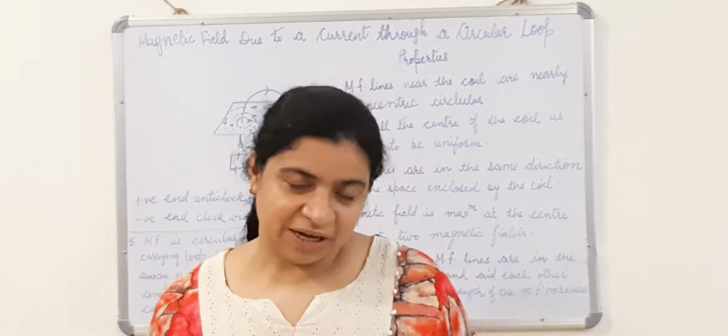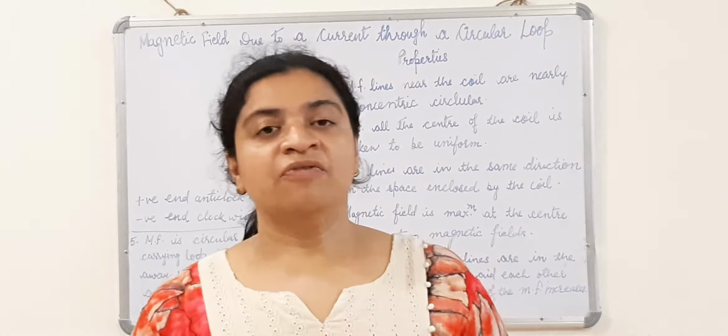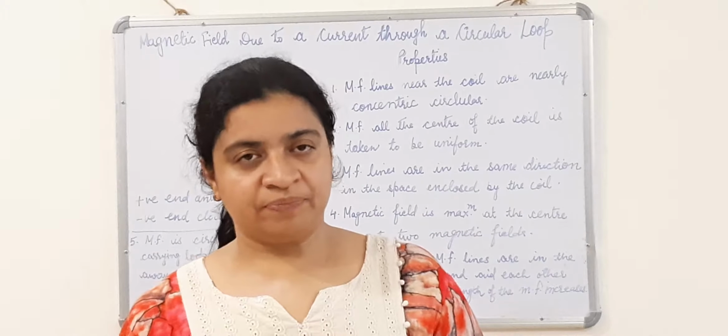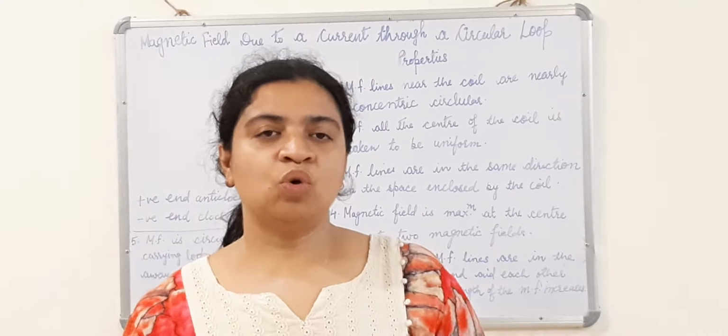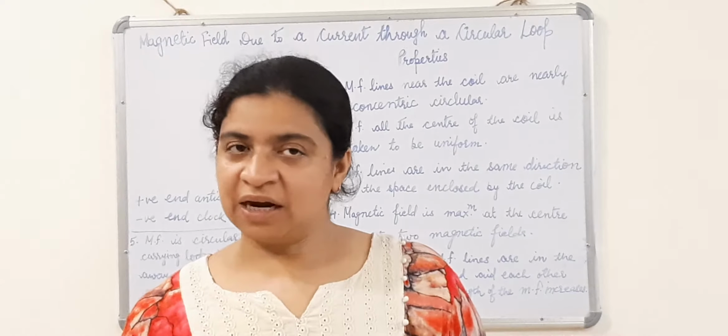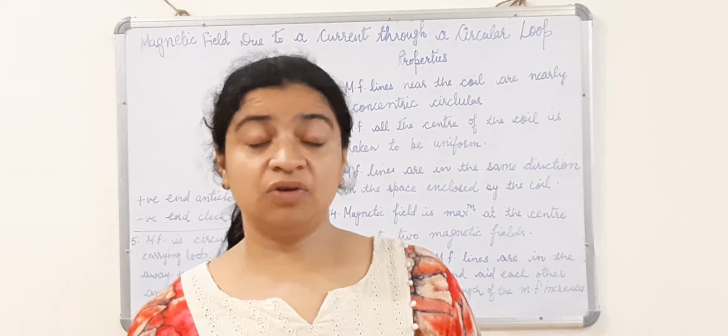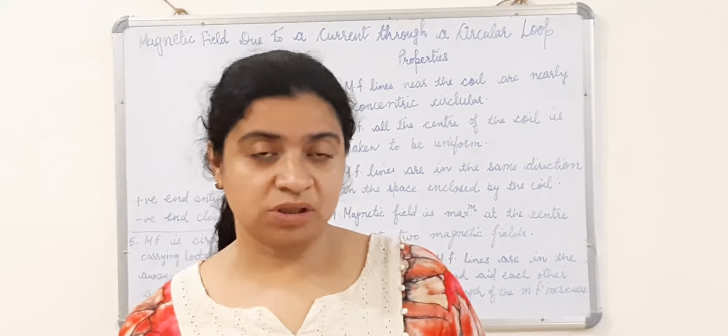Activity, what you are going to write. Suppose you have taken a cardboard. In the center you will make a hole, and from that you have to make two holes, and you have to pass a wire through that cardboard. Then you will connect it with a battery and a plug key also.